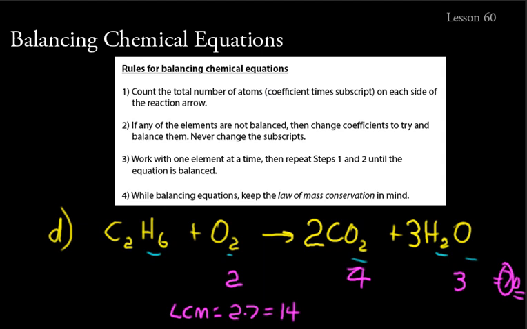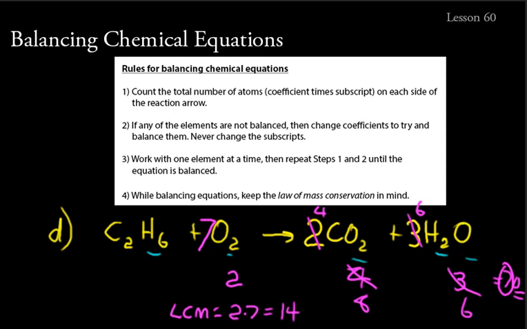So that means we need 7 right here. And then if we double each of these, that to 4, that to 6, that would give us 8 and 6 is 14 oxygens. So we have 8 there and 6 there now.